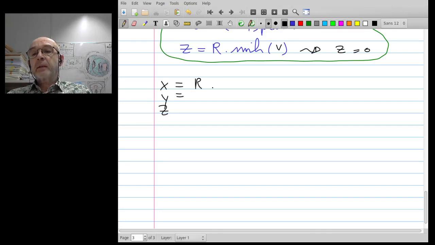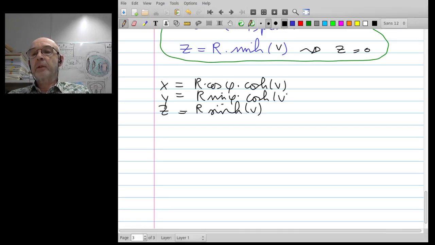X we take equal to the cosine of phi and the y to the sine of phi. You saw that I took it reasonable for the z to take the sine hyperbolic. Now, if we do this for the z, the sine hyperbolic, we can multiply the x and y by the cosine hyperbolic.